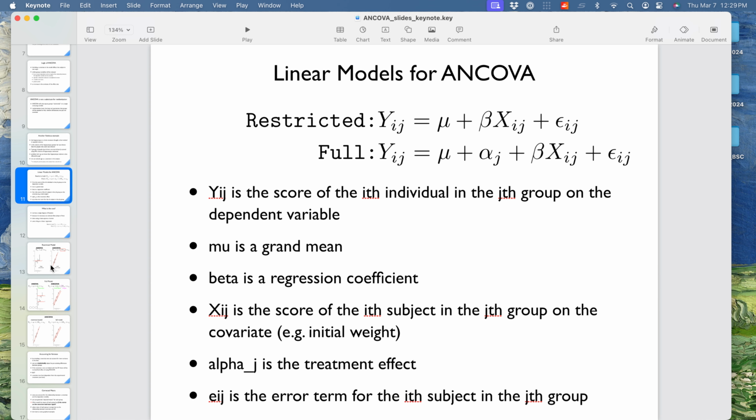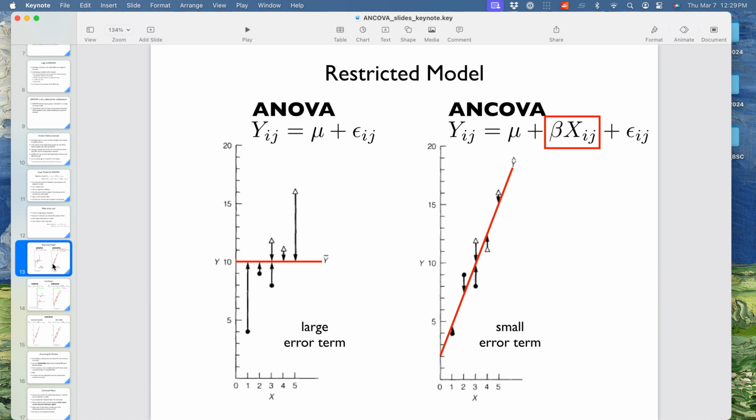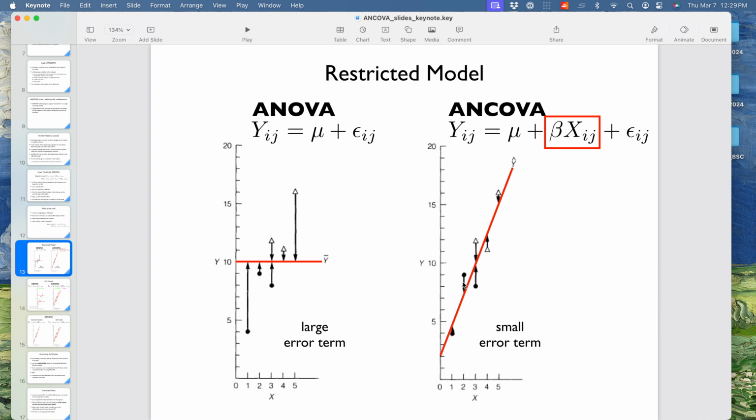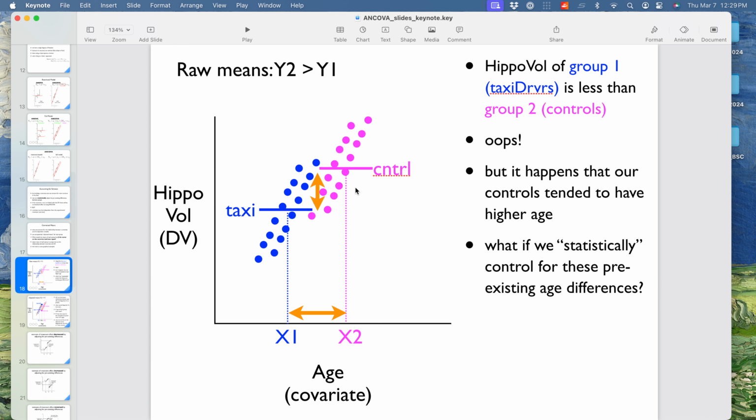Now, you can think about the question of should a covariate be in the model at all? And think about what should be true for that to be the case. When would it not help you to have a covariate in the model? Well, we kind of talked about it already. If there was not a linear relationship between the covariate and the dependent variable, right? If they were not clearly linearly related, if instead these were just clouds with a slope of 0, then by putting that covariate in the model, these lines would still be horizontal.